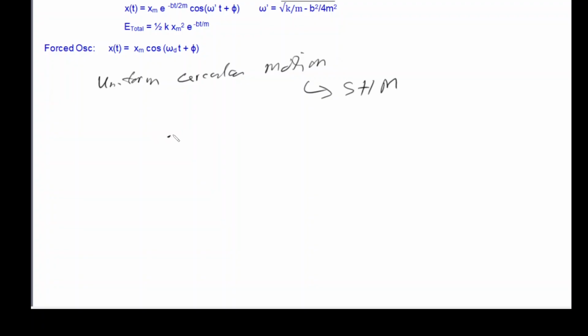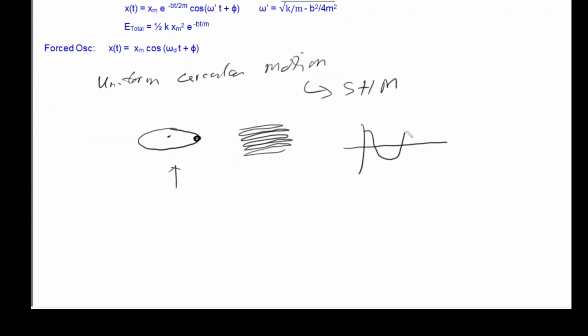So if you have an object moving around in a circle, and if you view the motion from the side of it in the plane that it's moving, and you have an object here, you will see this object moving back and forth. And that is a form of simple harmonic motion. And that could be described by our equations, and you can plot that just like you would any oscillator.